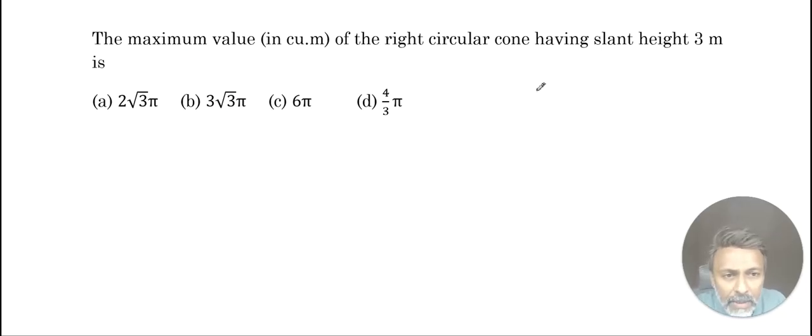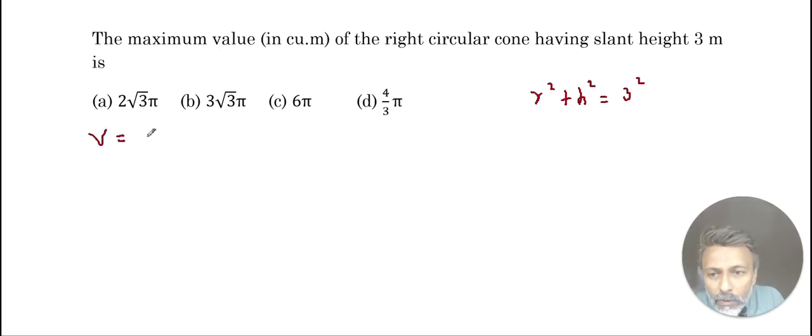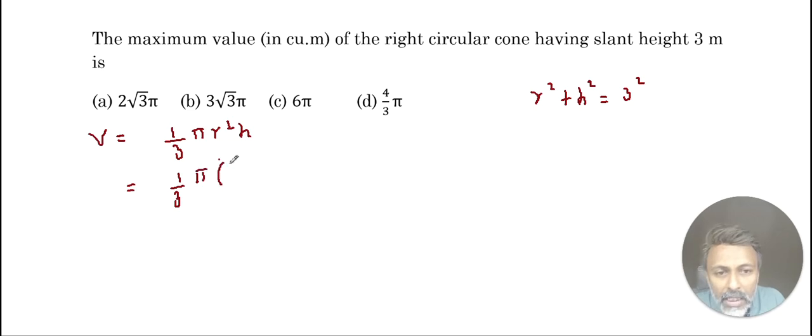We know the slant height being 3, we can understand r square plus h square is equal to 3 square. Volume of cone is 1 upon 3 pi r square h. In place of r square, we can write 9 minus h square, since 3 square is 9.